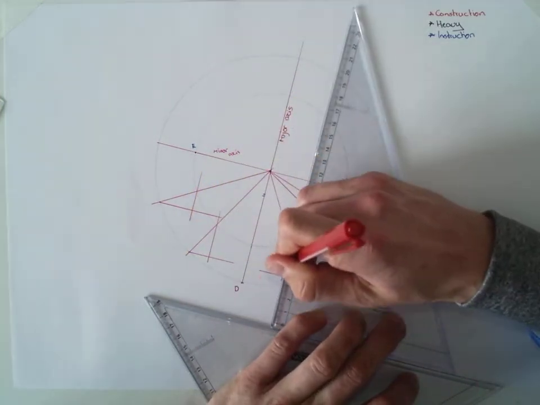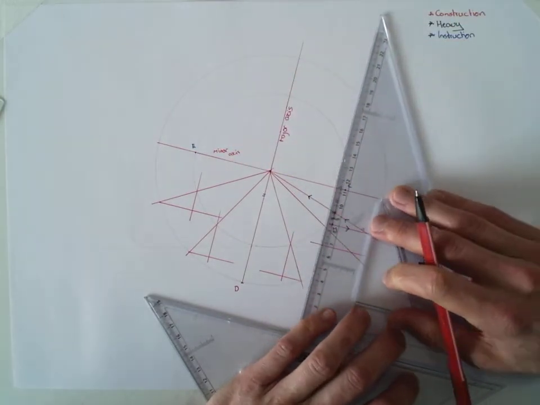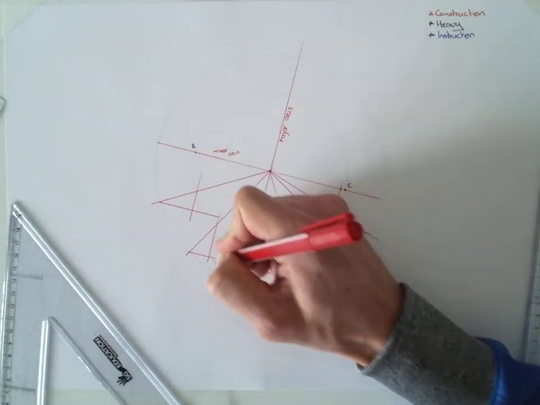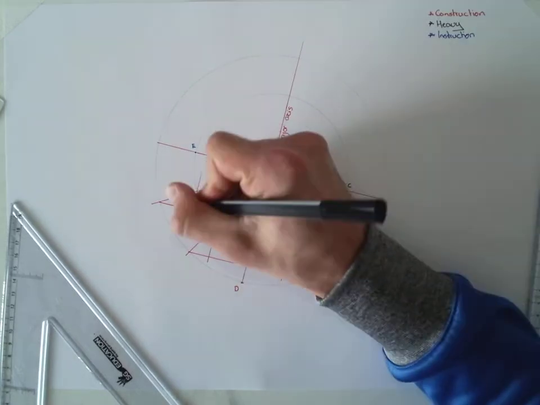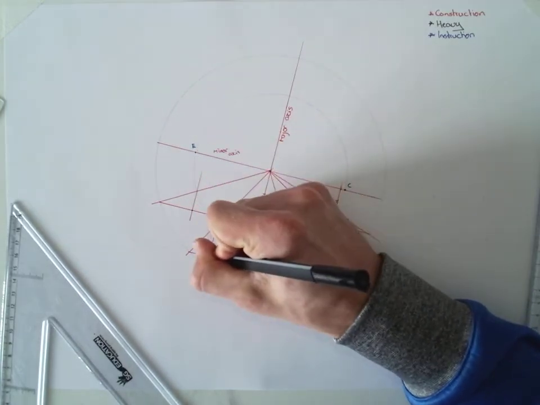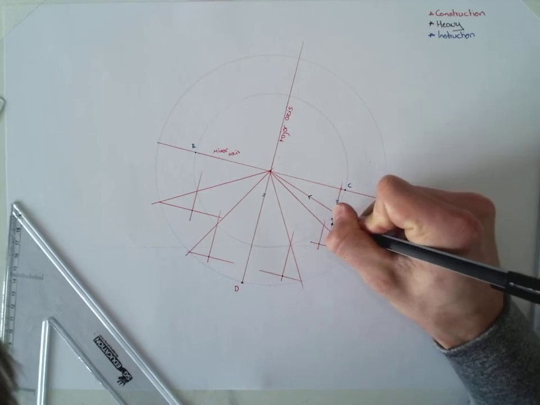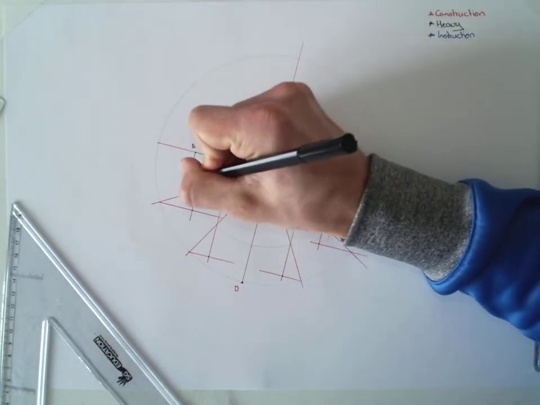So we're hitting the minor circle there, and there's my minor axis, I'm going perpendicular to that. The minor circle here, and what you found is we've located points on our ellipse. So that is a freehand curve. So we're going to go ahead and draw that.